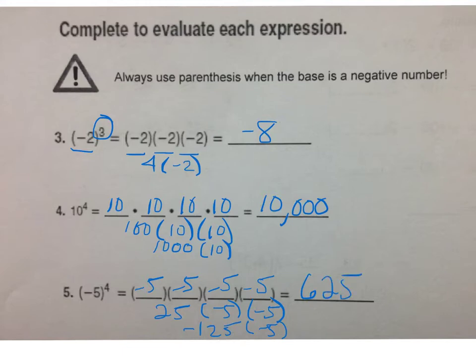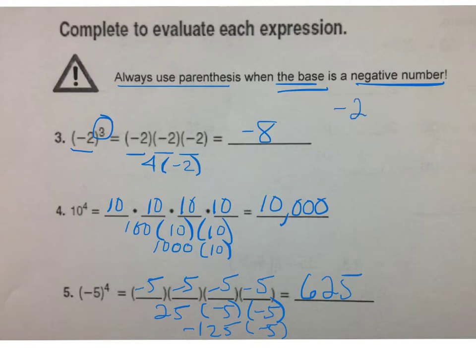Okay, now how many of you paid attention up here to the note that says always use parentheses when the base is a negative number? Okay, that really is important. Notice in examples 3 and 5, the base is in parentheses. If there are no parentheses, it really does mean something different, and sometimes it will make a difference. So let's look at those two examples again without parentheses around the base.